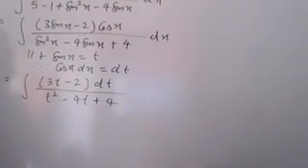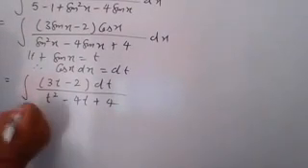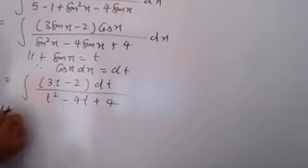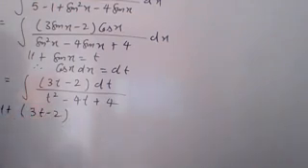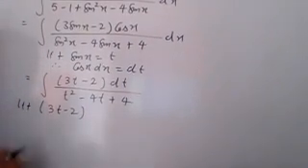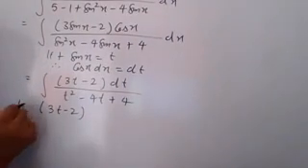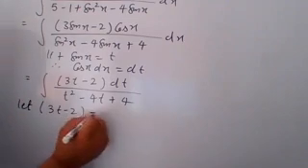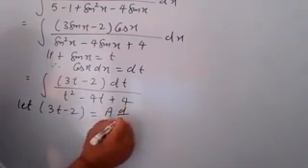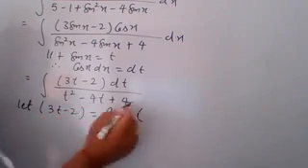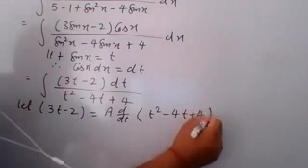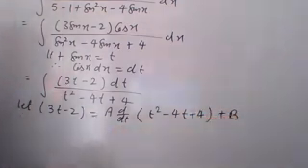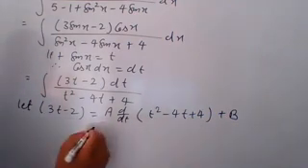Now your process starts. So again you assume here, let 3t minus 2, which is your numerator, be equal to a times d by dt of the denominator, means t square minus 4t plus 4, plus b. You assume like that. Clear? Now differentiate it.